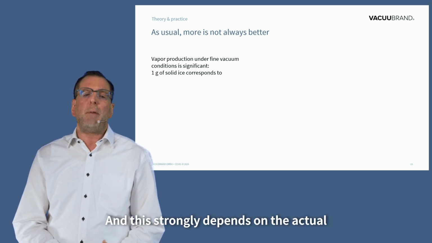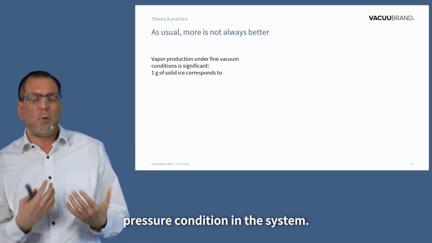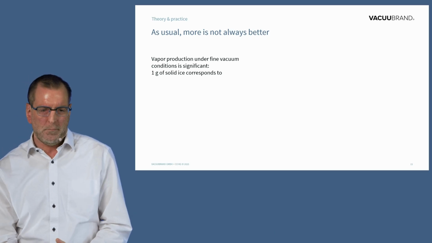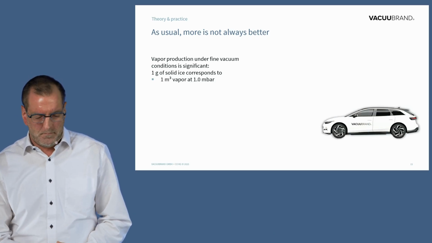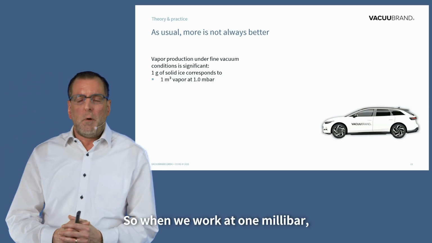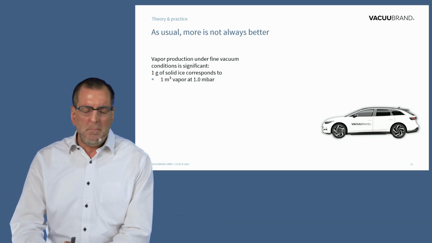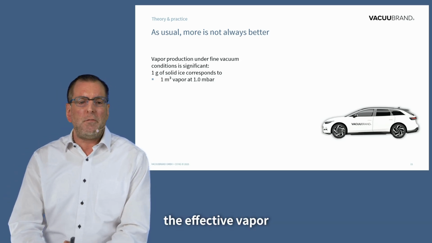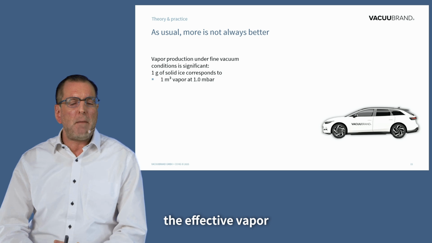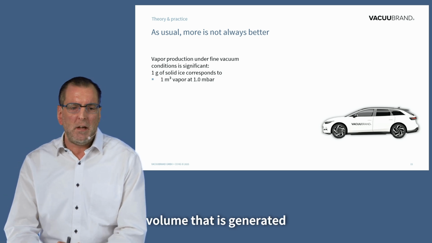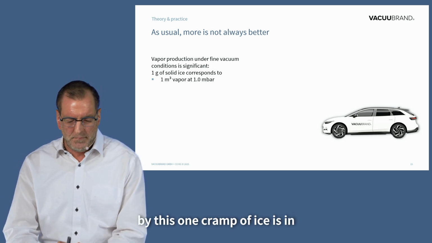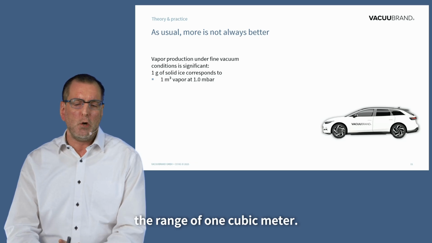This strongly depends on the actual pressure condition in the system. So when we work at 1 millibar, the effective vapor volume generated by this 1 gram of ice is in the range of 1 cubic meter.